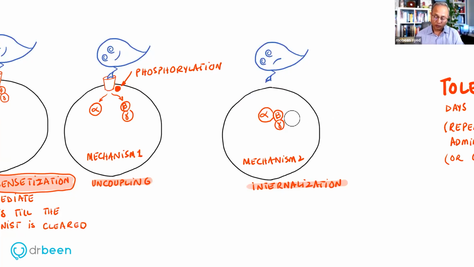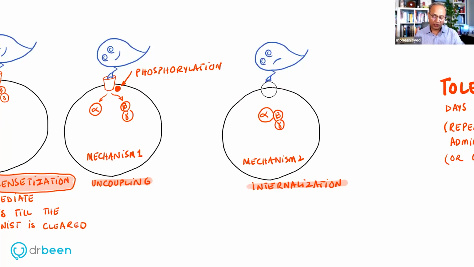And what the body or the cells will do is that they will sequester the receptors. They would take the receptor inside and sequester them in vesicles. This is also called downregulation. So in this context, we'll just call it internalization of opioid receptors. So when there are fewer receptors available on the surface, then whatever the amount of opioid, there will be less activation of those receptors because there are fewer receptors.